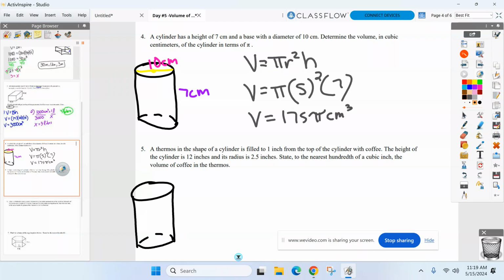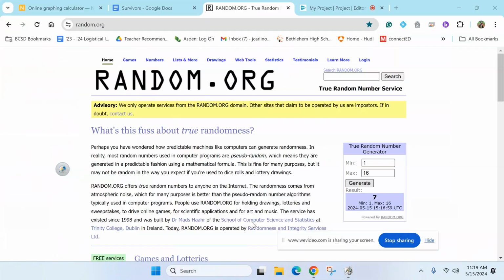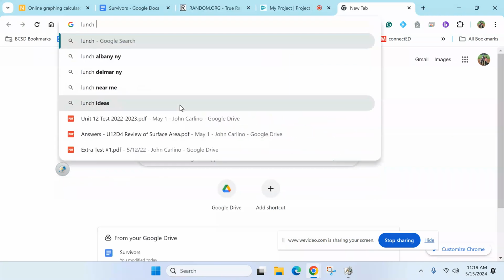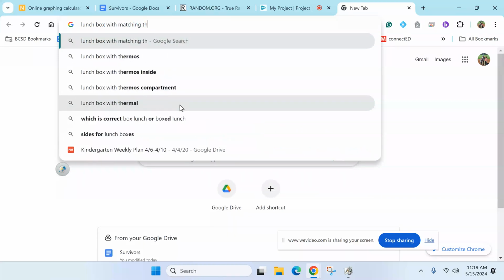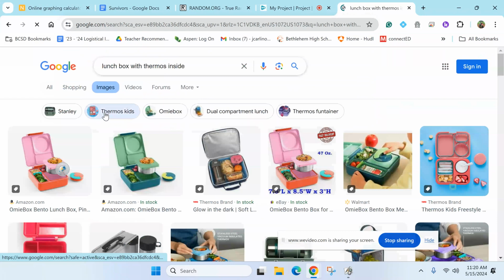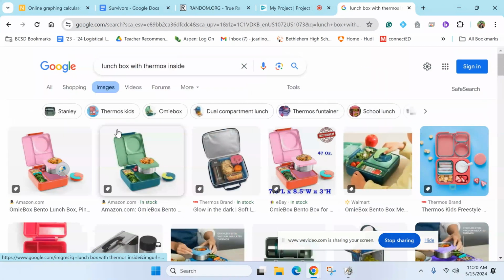Sure. Why not waste more time, right? I don't even know what to search for. Lunchbox with matching thermos. There it is, lunchbox. No, that's not what I was talking about.